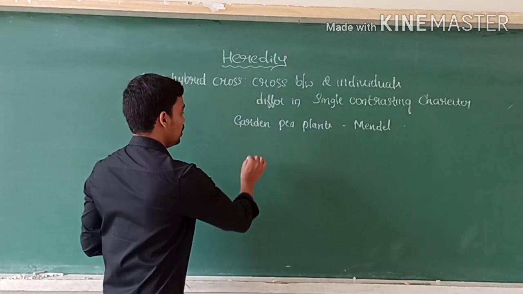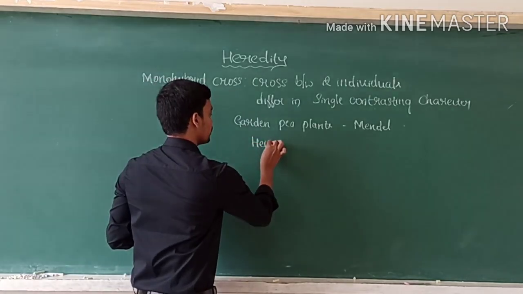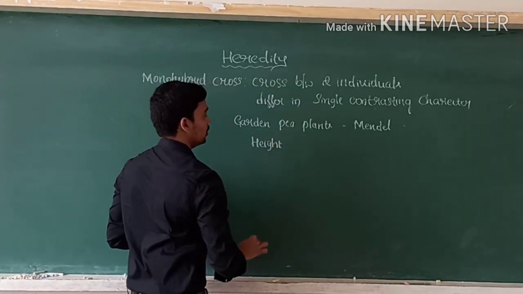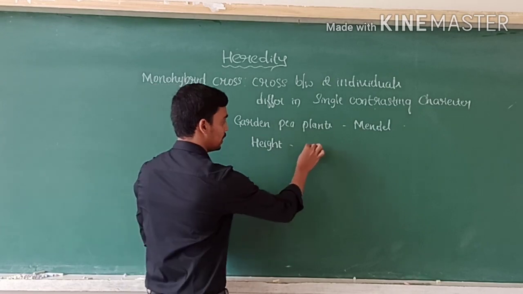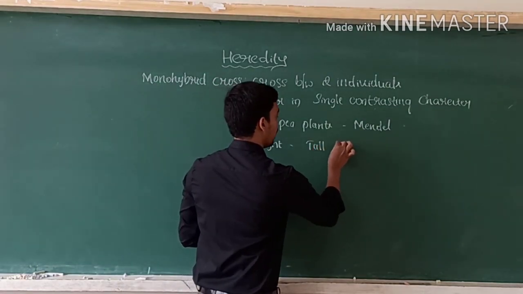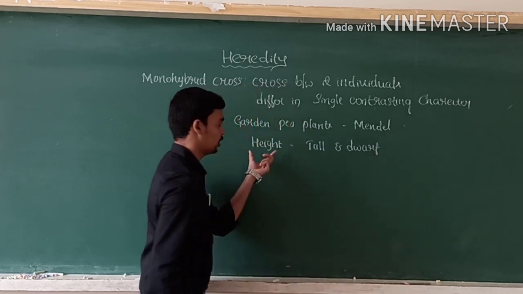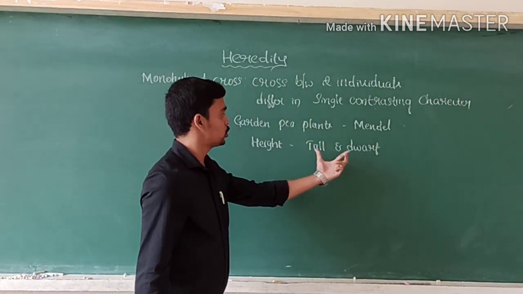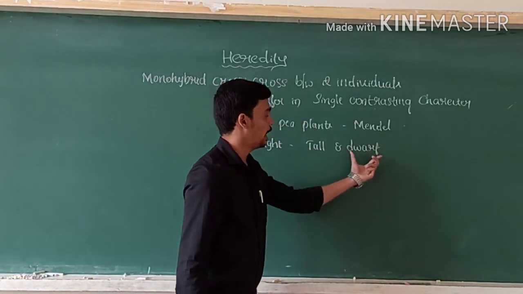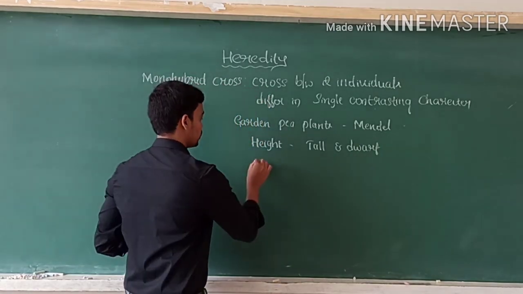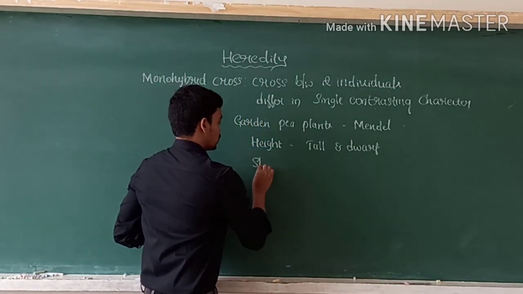For example, related to the height of the plant body, it shows two contrasting forms, that is tall and dwarf. Here height is the character. It has two contrasting forms, tall and dwarf. And next, shape of the seed.